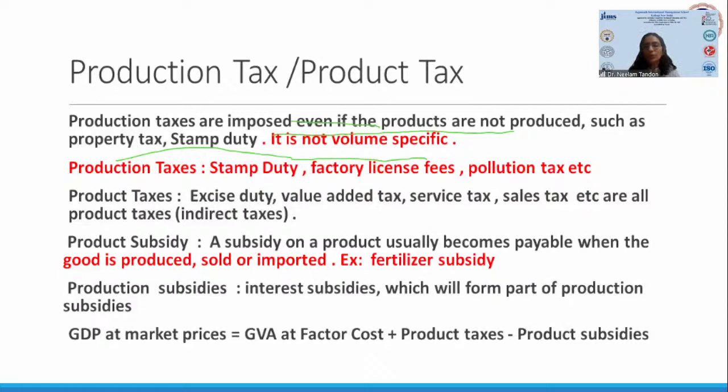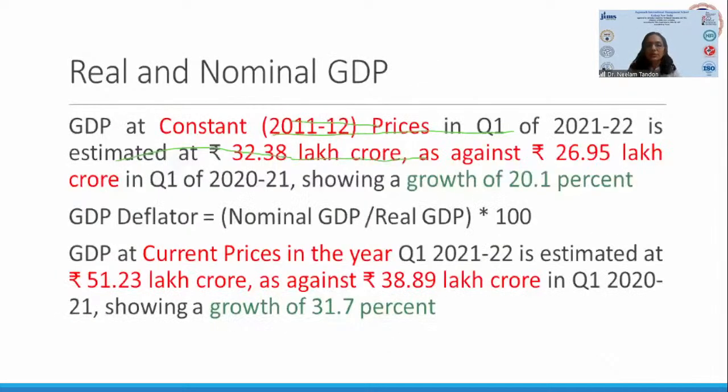Like I told you, MSMEs is production subsidies. Like you students going for higher education, an education loan subsidy is given for higher education. It is not product specific, that you go for this particular education and it will be offered to you. Okay, so that is the concept of production and product tax and subsidies.